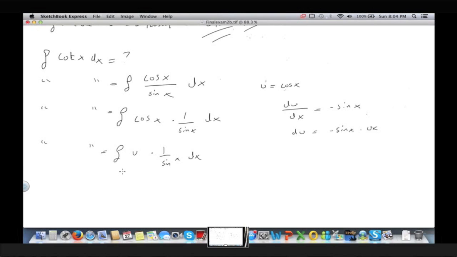I made the wrong choice. So if u was sine of x, the derivative of sine of x is cosine of x. That would be cosine of x dx.